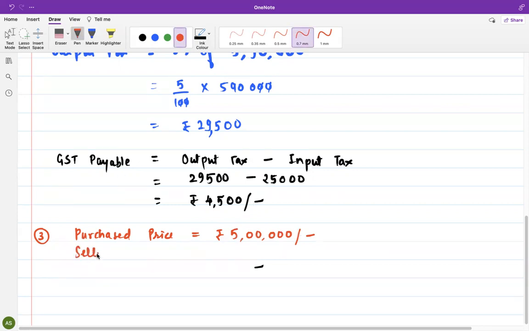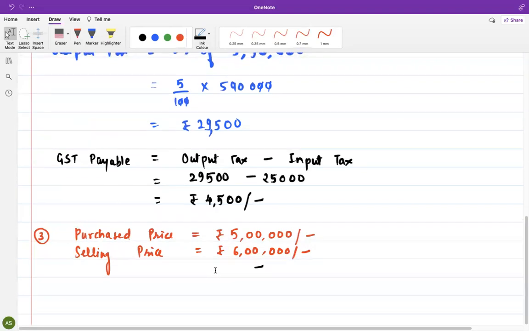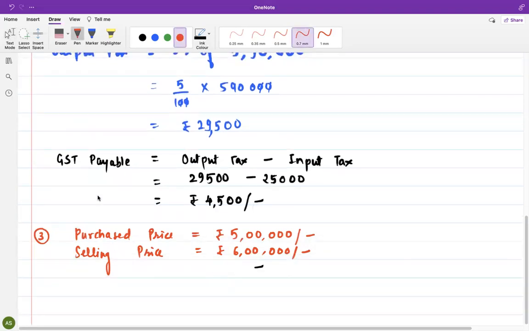So this is your selling price. Now again, we have to calculate the same ITC and amount payable, and the rate of GST here is 12%.